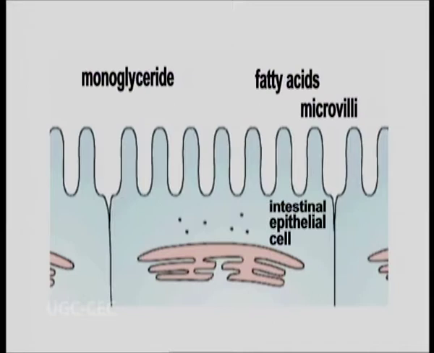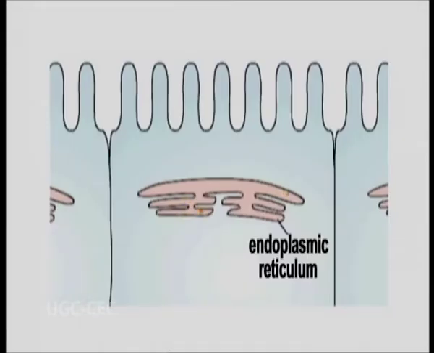Once inside the cells, the fatty acids and monoglycerides enter the endoplasmic reticulum, where they are synthesized into triglycerides combined with cholesterol and phospholipids and coated with a protein to form chylomicrons. The protein coat serves to make the chylomicrons water soluble and to facilitate exocytosis.